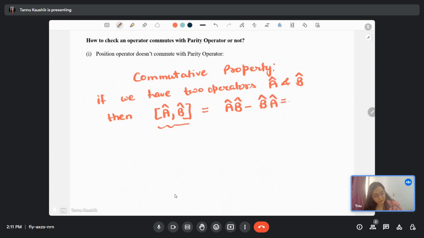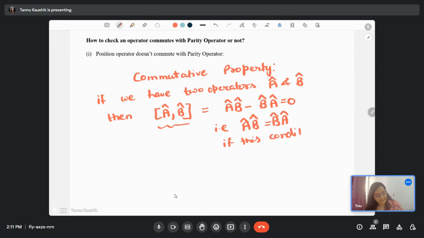We represent these two operators which commute like this, where we are checking the commutative property. So how does it follow? AB minus BA will equal 0.